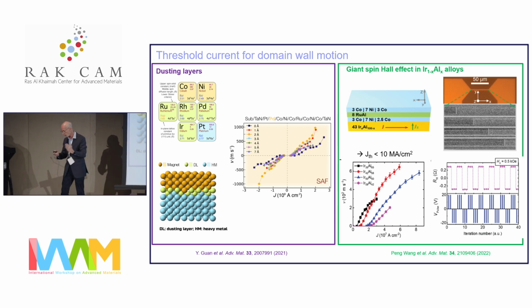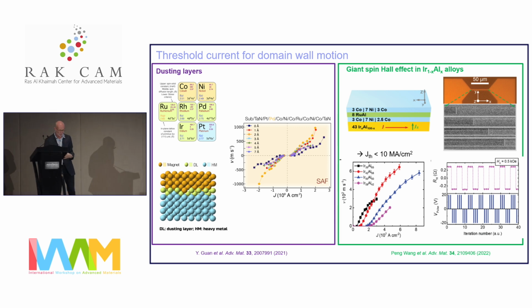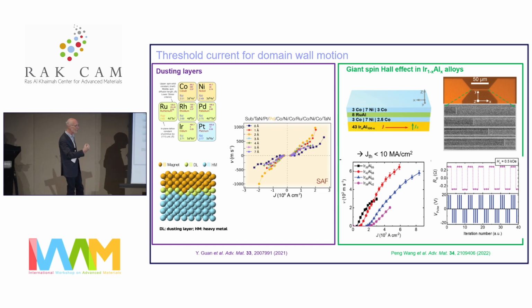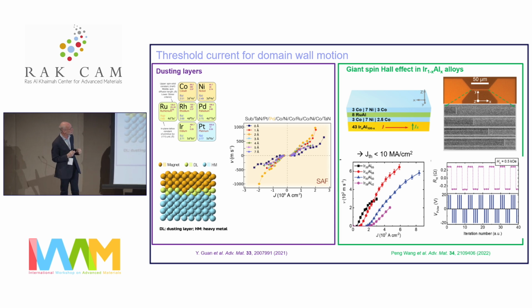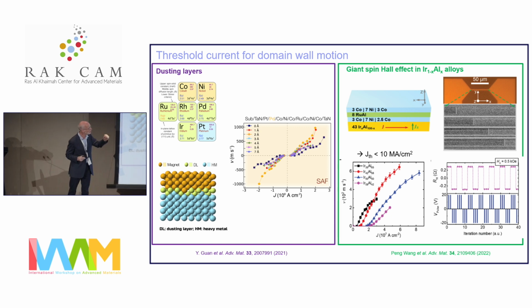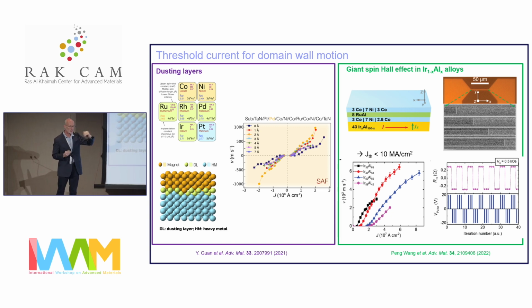So unlike the bulk materials that Claudia is talking about, we're talking about atomically engineering materials, one atomic layer at a time. And the typical racetrack material here is formed from a nickel-cobalt sandwich. Each layer is just a few angstroms thick.